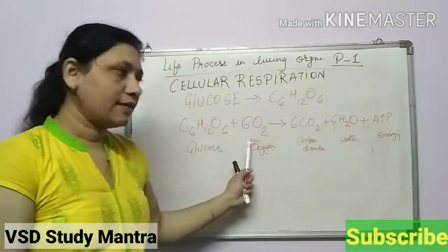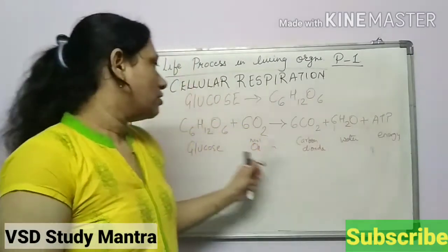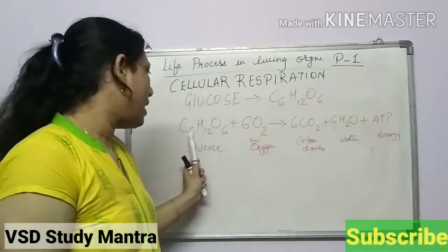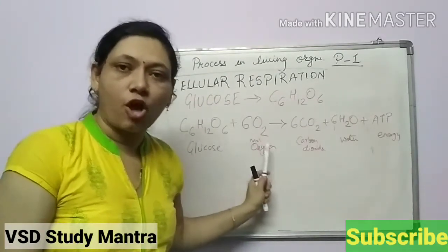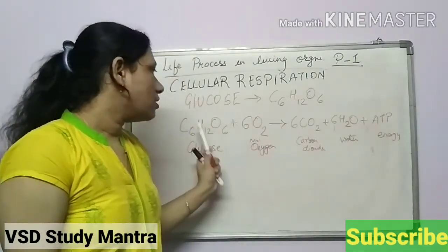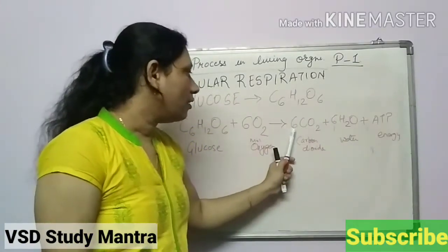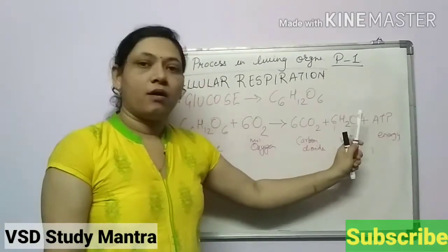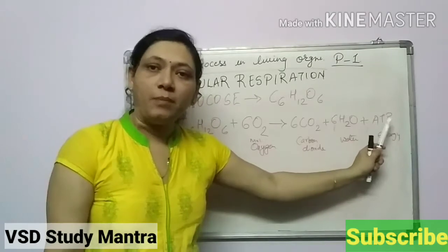These are the reactants and these are the products which are obtained. Glucose has 6 carbon atoms. Therefore, we have taken here 6 oxygen molecules, molecular oxygen, because we have to balance the equation. So here 6 carbon dioxide, 6 water molecules, and ATP.